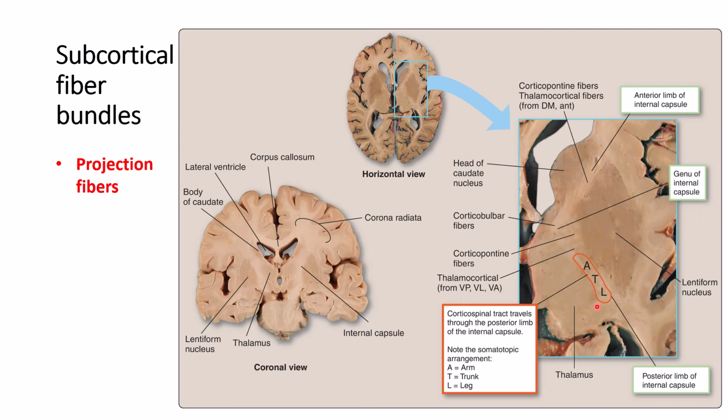Also the corticospinal tracts are located here, and you remember the corticospinal tract from chapter 7, and that is the conscious tract that is important for movement of limbs and the torso. You can see that the arm is located here, trunk, and then limbs are located here. The fibers are located in different areas.